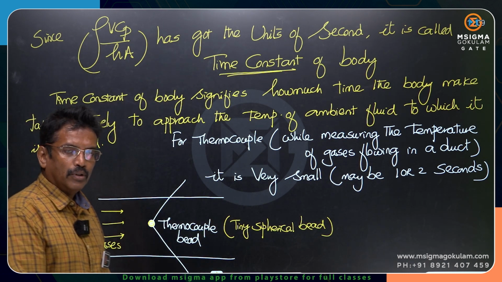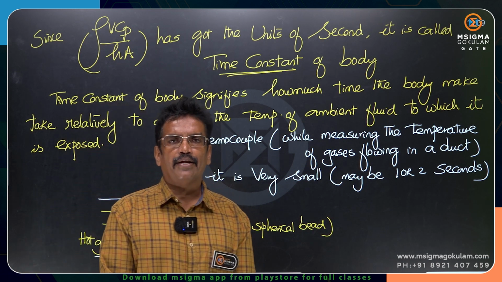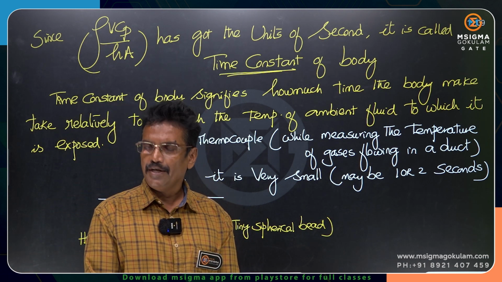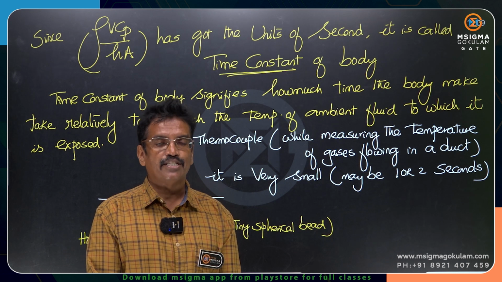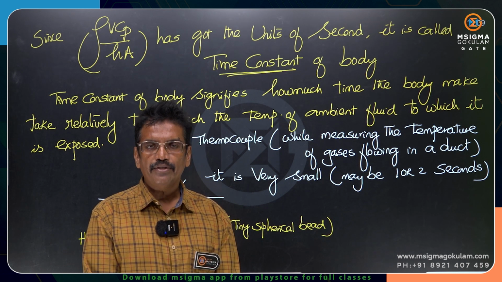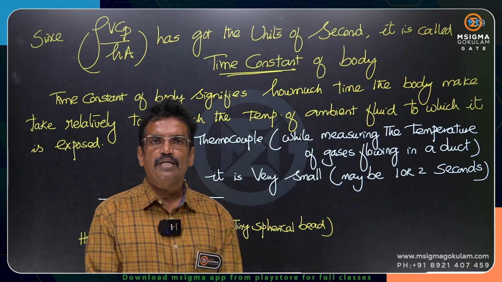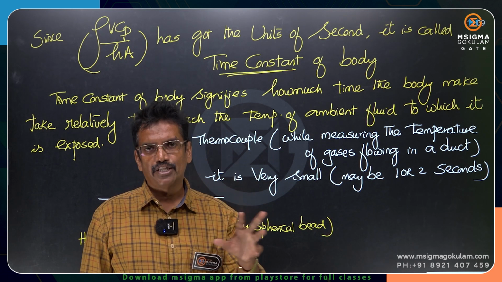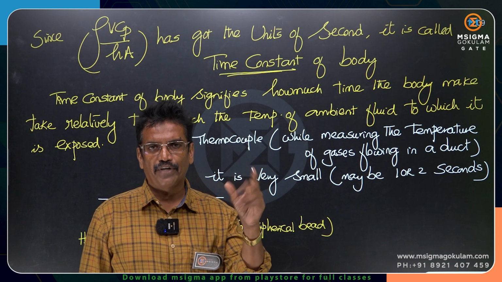Okay. Now, in the entire analysis which I have done until now, there is one hidden, underlying assumption: that the temperature of the body is uniform throughout its mass at any instant of time.